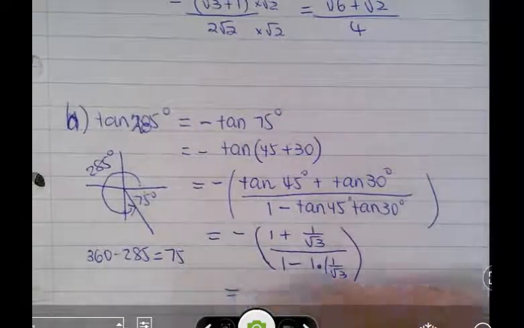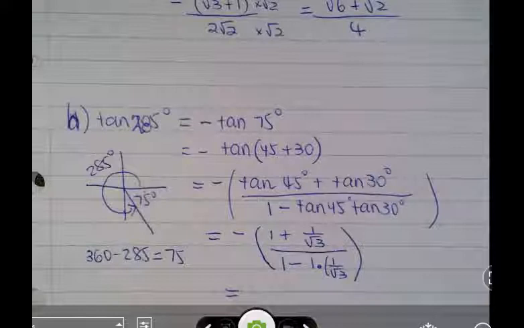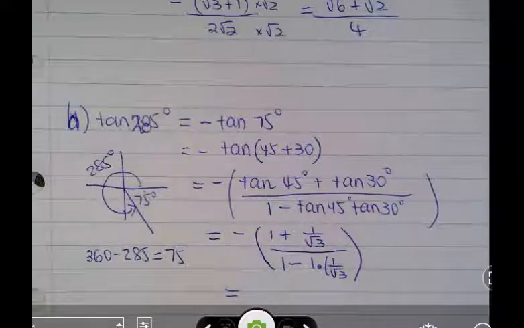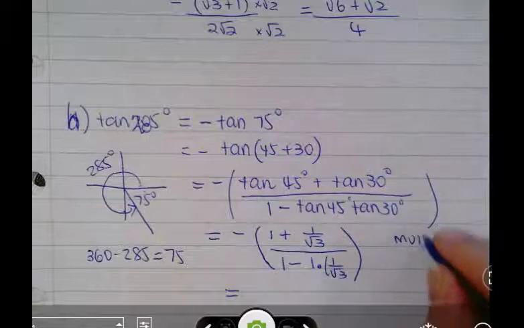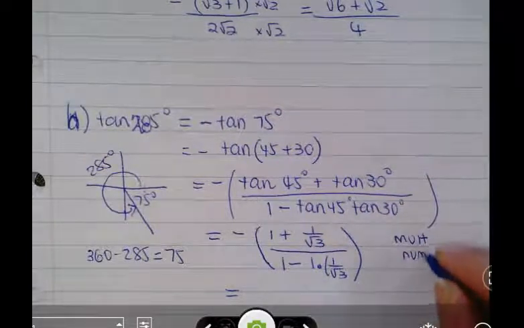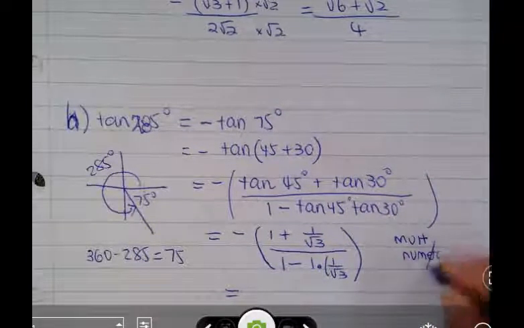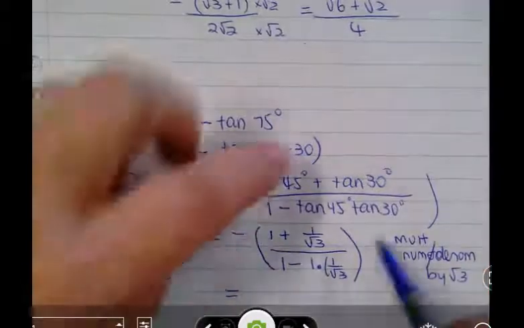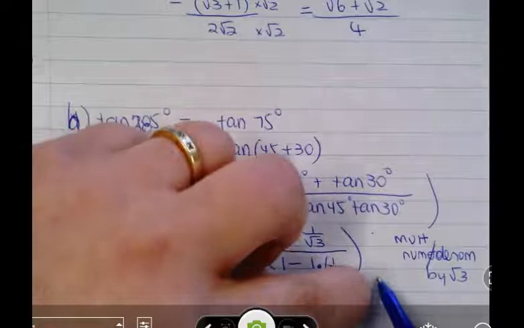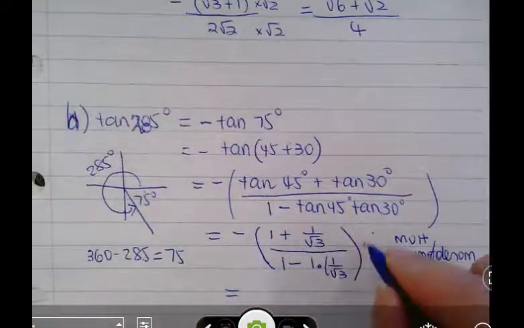Now, do not go and make a common denominator, but I do have a denominator of root 3 that I want to get rid of. When you've got fractions within fractions, and it's just an expression like that, you multiply the numerator and the denominator by root 3.